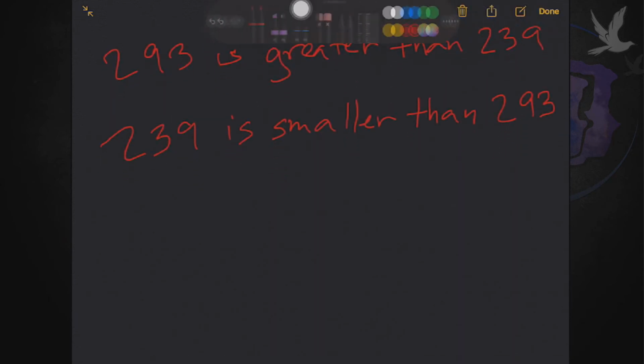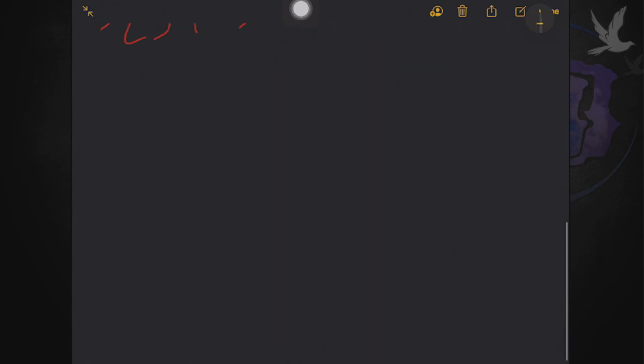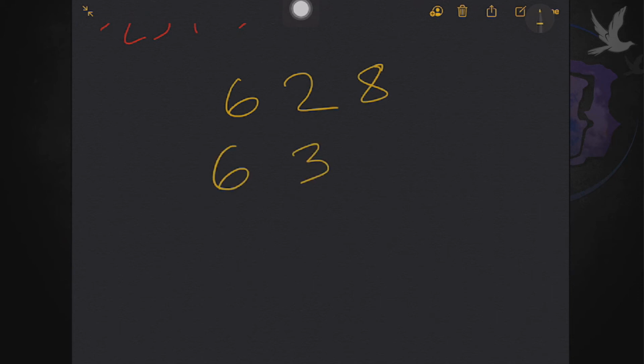Let's try another. 628 and 638. Okay? If you notice again, the first digits of the given example are the same.